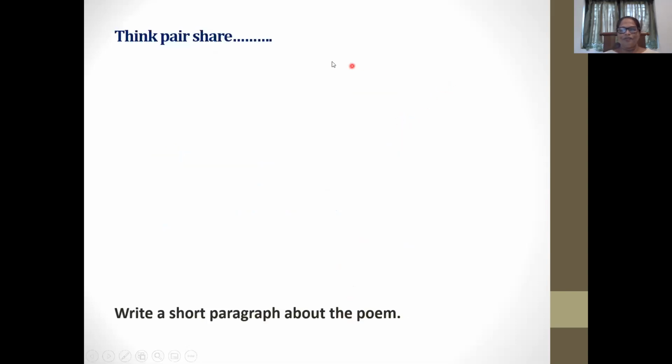Right. I have another interesting activity. That is, we are going to think about the poem and write a short paragraph about the poem. What can we write? We can write what does the poet say?